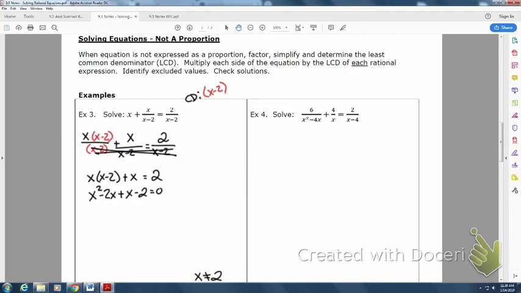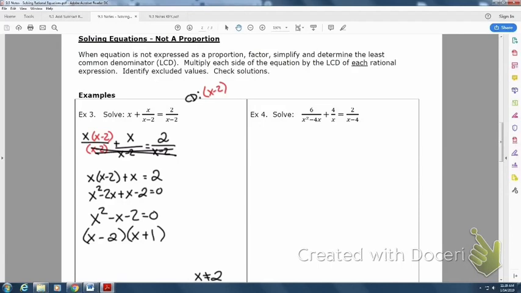I want to combine my like terms. And what factors of negative 2 add up to negative 1? Negative 2 and positive 1.